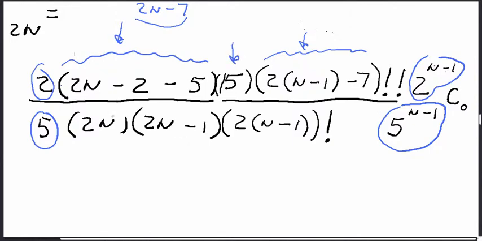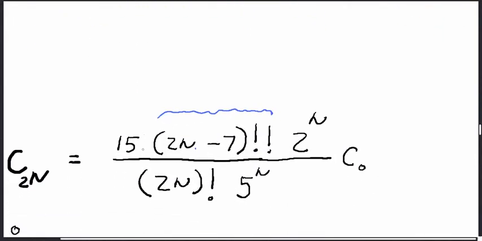And down here, let's look at the denominator. Notice if I take 2 times n minus 1 factorial, and then multiply that by 2n minus 1 times 2n, this jacks it up to basically being 2n factorial. And so in fact we get our formula for the coefficients.